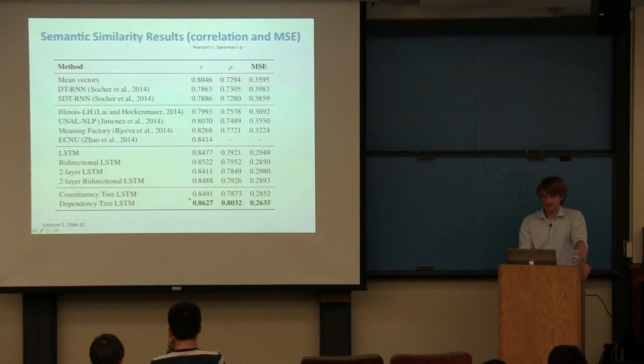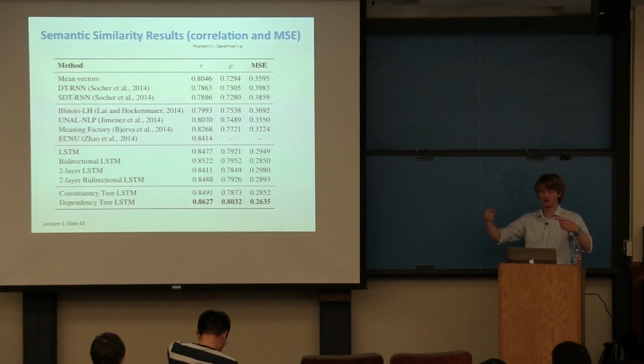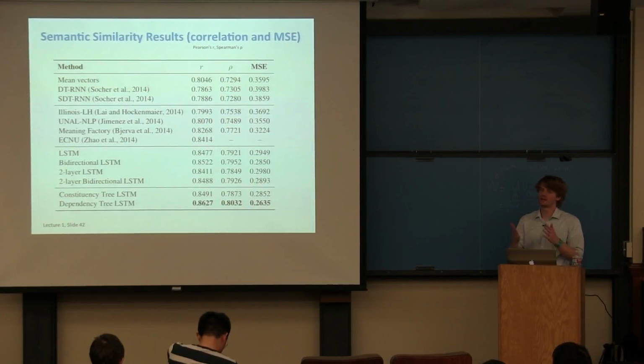Now, on that kind of data set, this tree LSTM actually outperforms all other models. The way you evaluate these kinds of similarity tasks is by looking at the correlation. How well does the score that you assign to how similar these two sentences are correlate with the human judgments? And if they correlate well, then you have a high correlation.